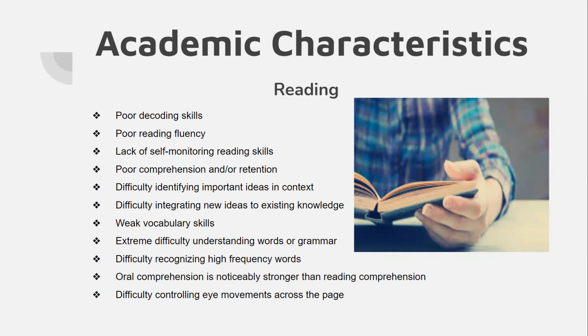They may have weak vocabulary skills, a lot of difficulty understanding words or grammar, difficulty recognizing high frequency words. Their oral comprehension is going to be noticeably stronger than what they were able to read by themselves. They may have difficulty in controlling eye movements across a page when they're reading.